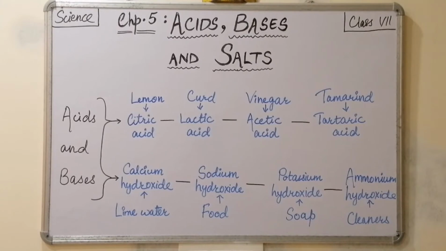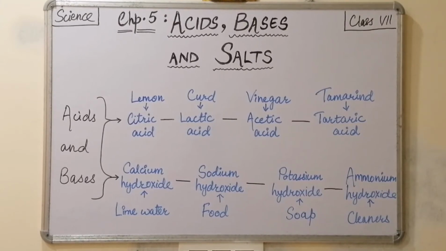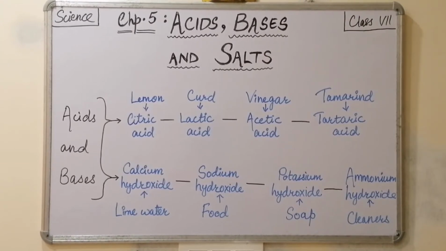Similarly, the bases, which are soapy in texture, are present in lime water, and in food, which contains the base sodium hydroxide, which is bitter in taste. Soaps and cleaners contain calcium hydroxide, sodium hydroxide, potassium hydroxide, and ammonium hydroxide is present in different cleaners.